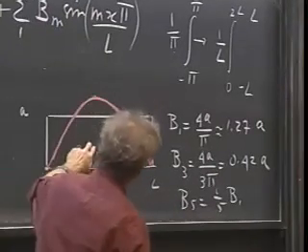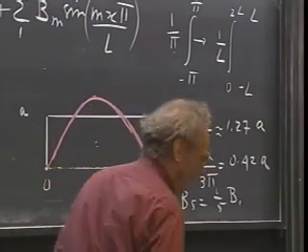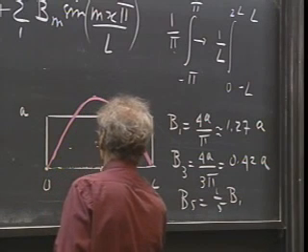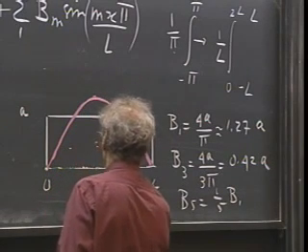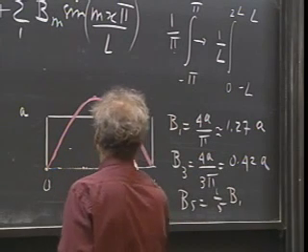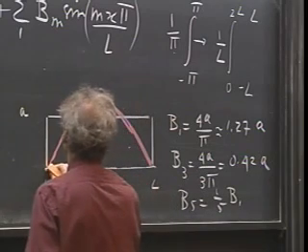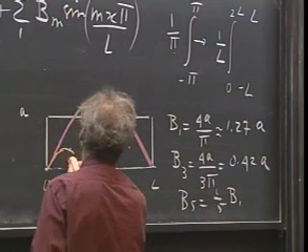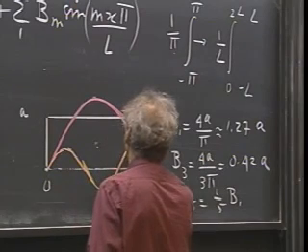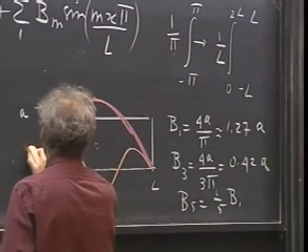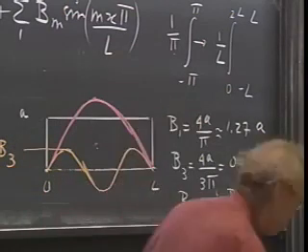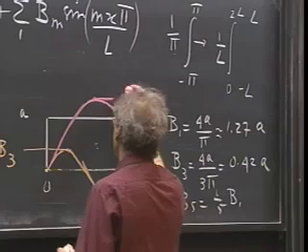That's about the height, 0.4, a little lower. And so here we have the maximum, and then we have a 0 here, we have a 0 here. And then we go through this point. So the curve is something like this. So this now is B3, and this is B1.